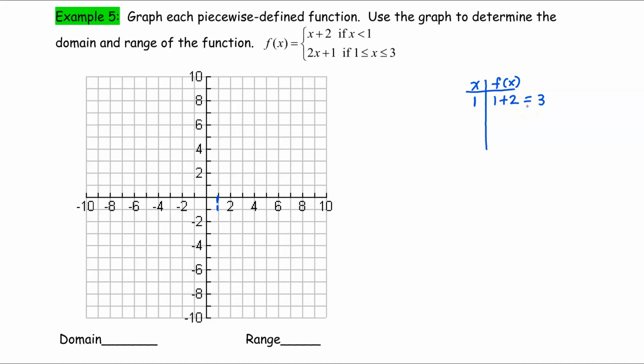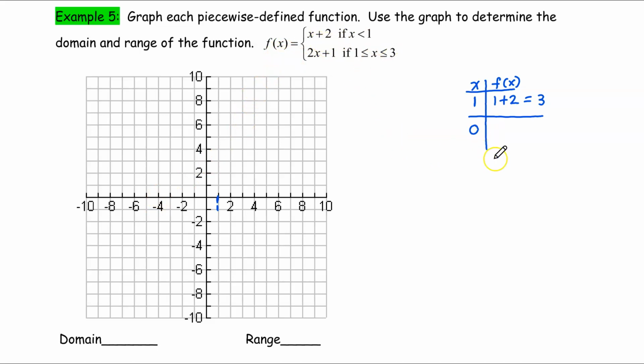Then for the other point, you pick another point that is within this domain, less than 1. You can pick 0, or you can pick -2, or any point in here. Let's pick 0 because that's the easiest. Then we evaluate the function at x equals 0.